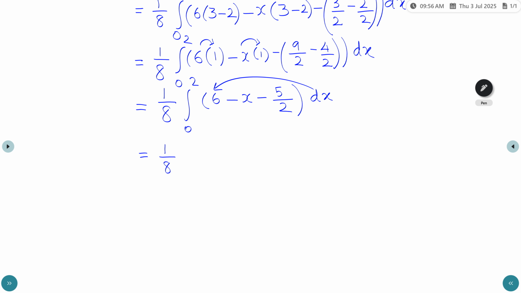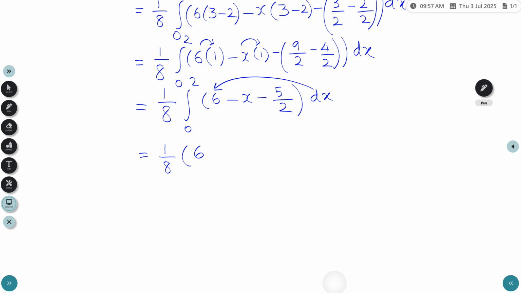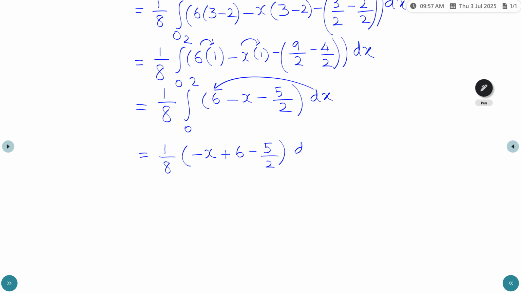So 6 into dx is 6, so minus x plus 6 minus 5 by 2 into dx.